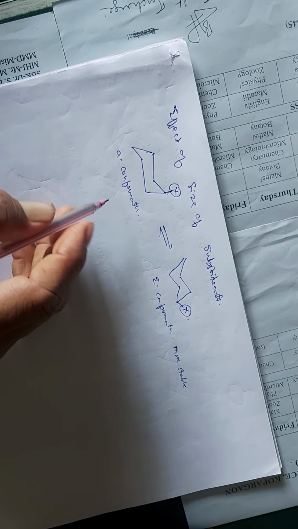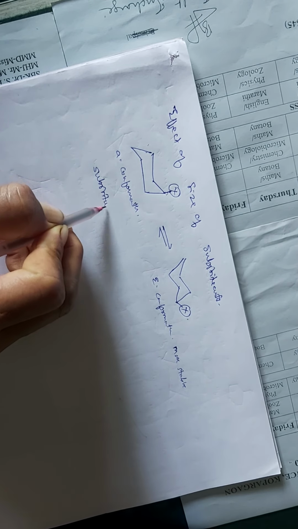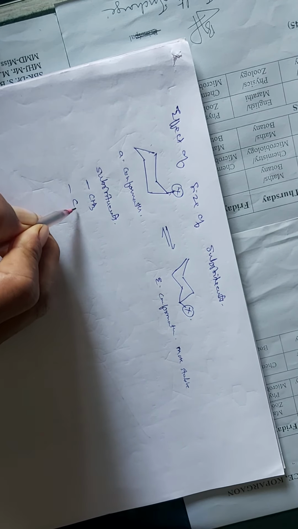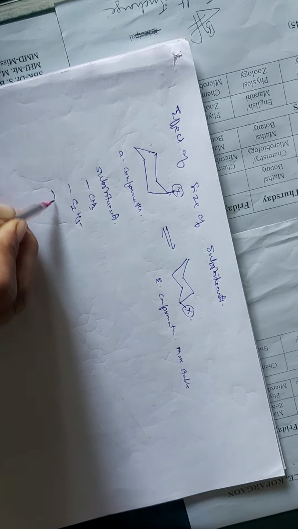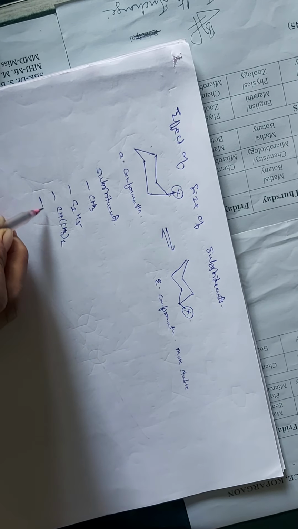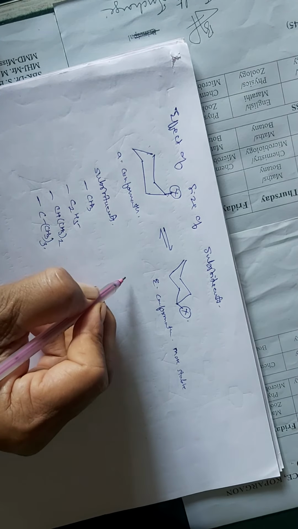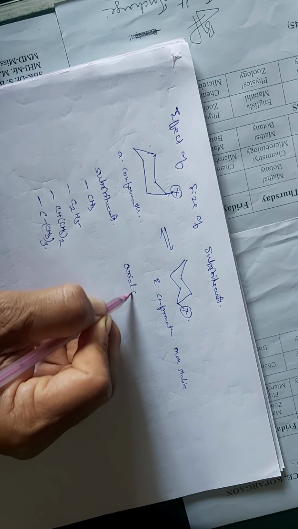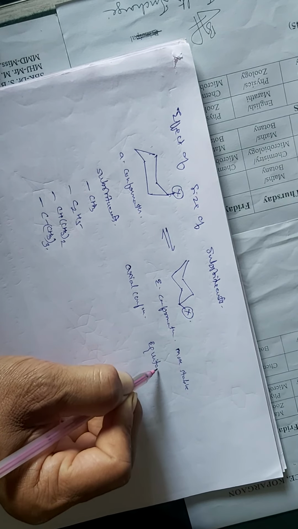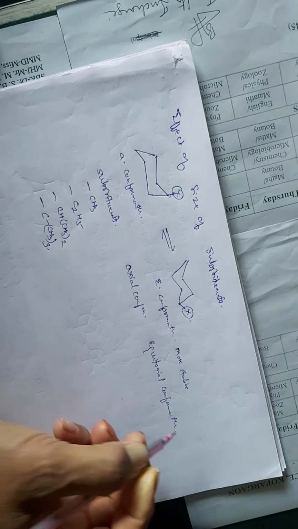So if we just see the types of substituents, suppose it is a methyl group, an ethyl group, an isopropyl group, or a tertiary butyl group, the ratio of axial conformation to equatorial conformation goes on changing.